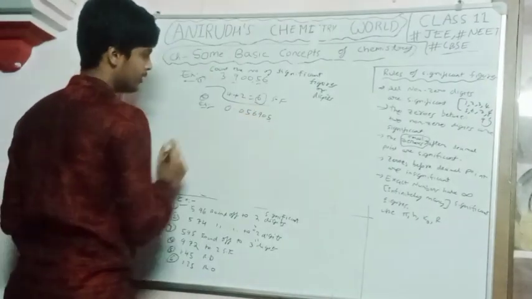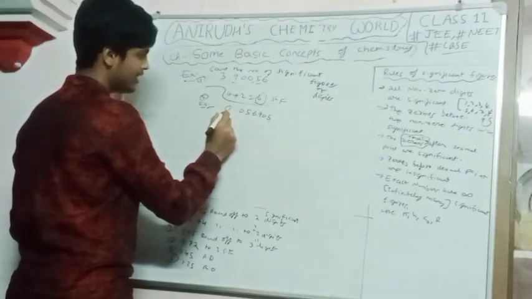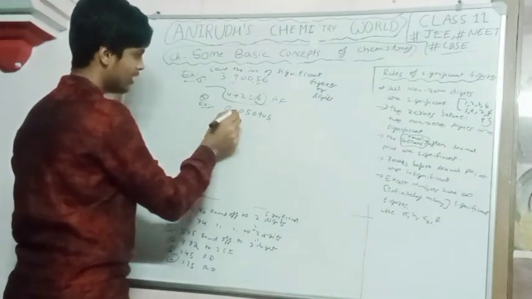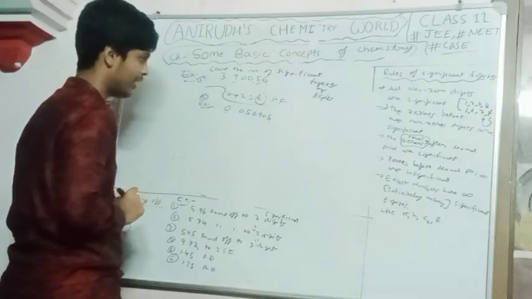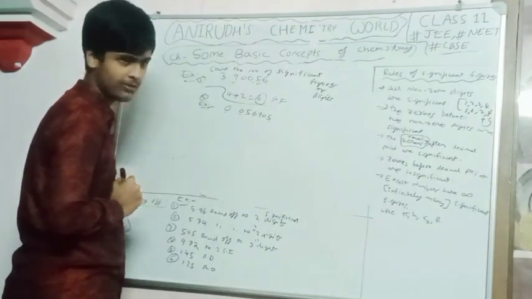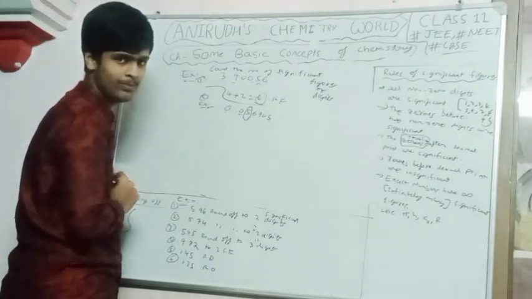Don't worry. See, there's no rule that the 0 before the decimal point is significant. So the 0 before the decimal point is insignificant, not significant, and this 0 is also not significant. The first significant figure in this is 5.